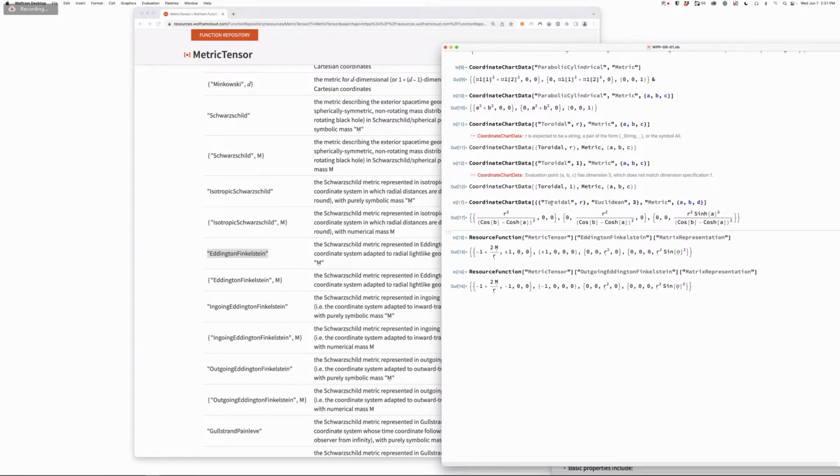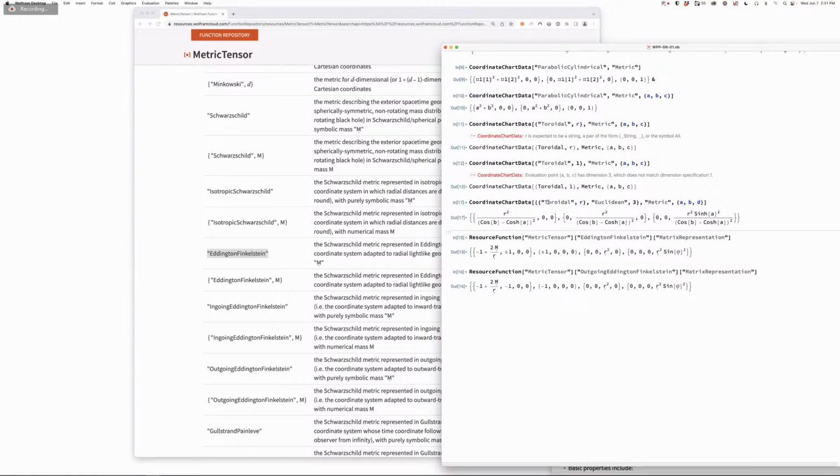So, coordinate chart data as compared to Eddington-Finkelstein here. That's the same type of thing. Toroidal versus Eddington-Finkelstein is... this is very confusing. Eddington-Finkelstein is a labeling of the Schwarzschild manifold, so to speak. So there are two different things here.